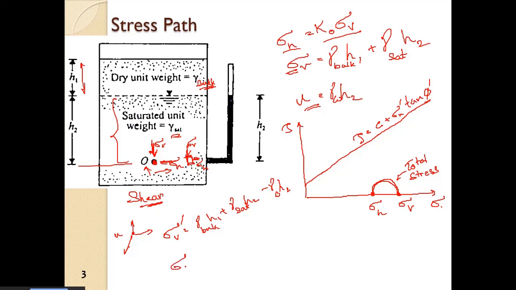And sigma H dash is equal to K naught sigma V dash.